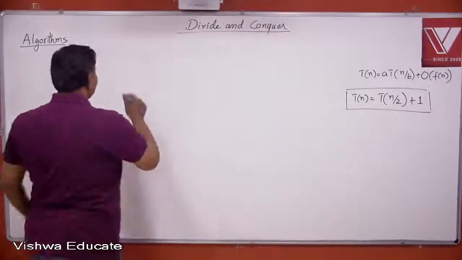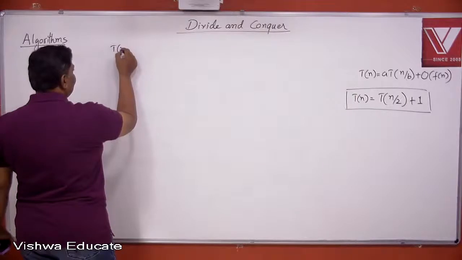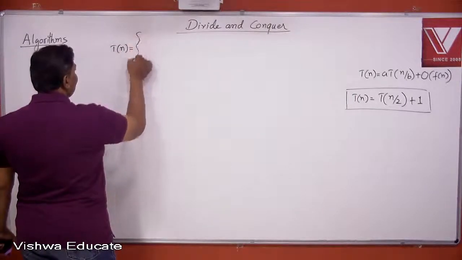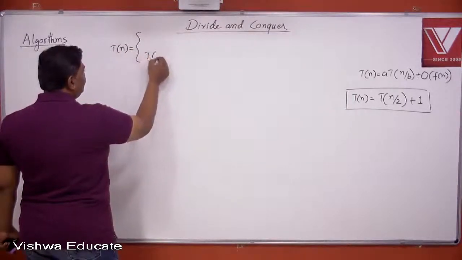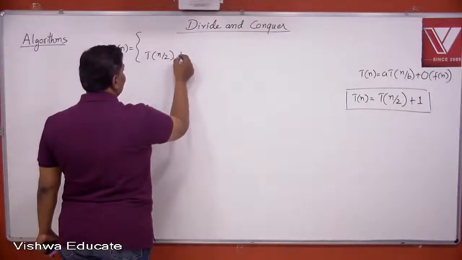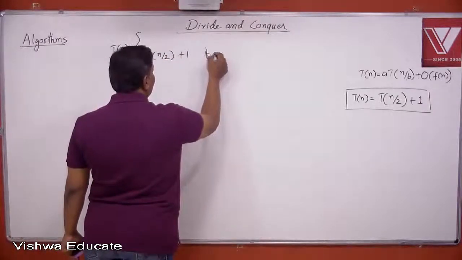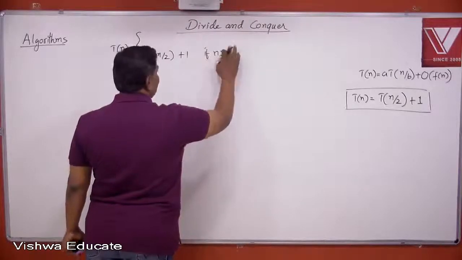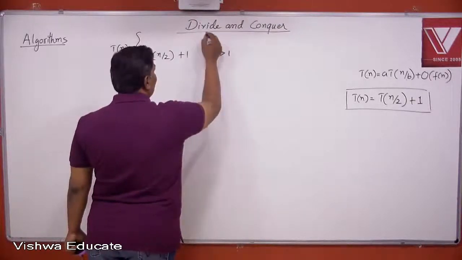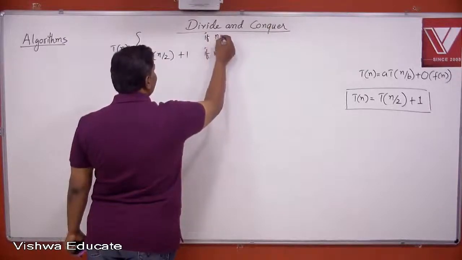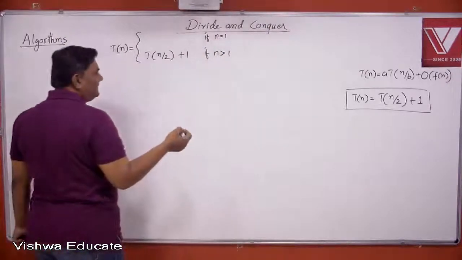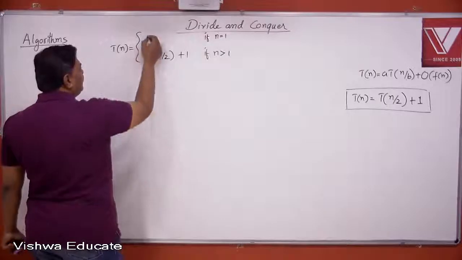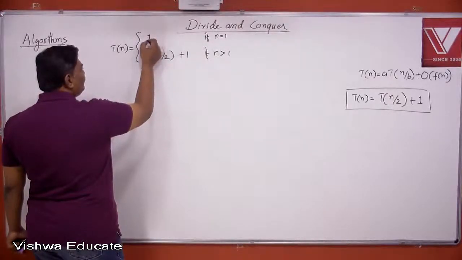That is the recurrence relation. So I'll write here T(n) = T(n/2) + 1 if n is greater than 1. If n is equal to 1, there is only one element, nothing happens, it is just returning. Let us say 0, or instead of 0 let us write 1.